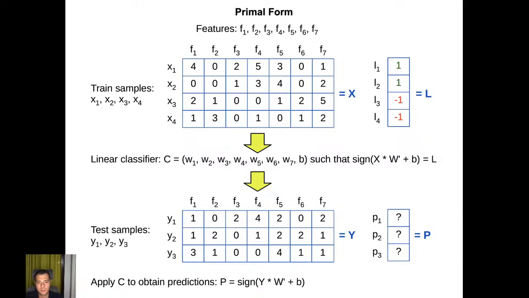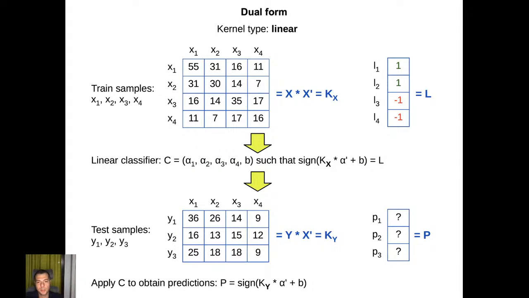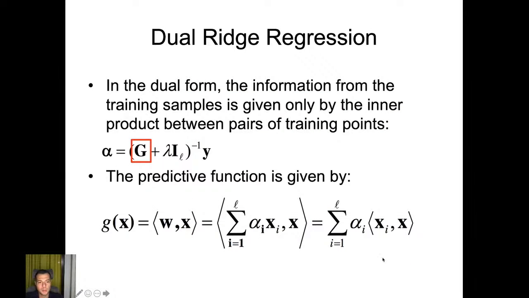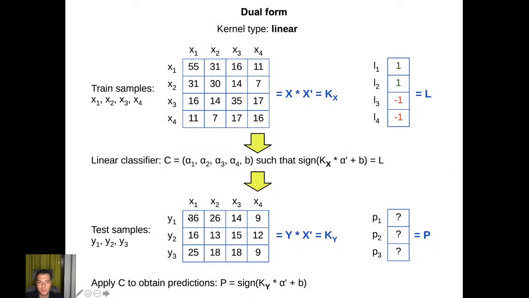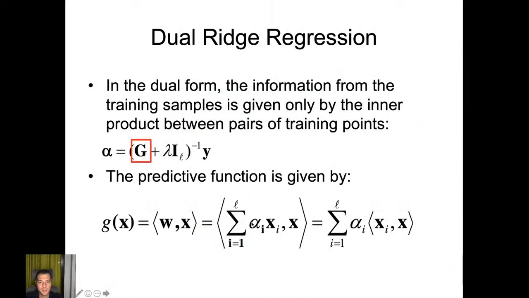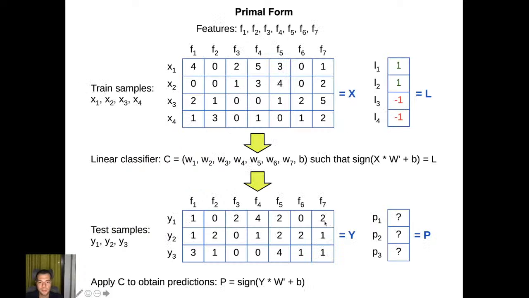This is just to recall the previous notation. The prediction is computed here: the sum of these scalar products, meaning the sum of these components, multiplied with the weights alpha i.